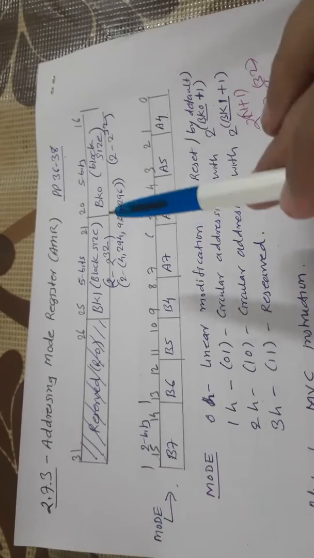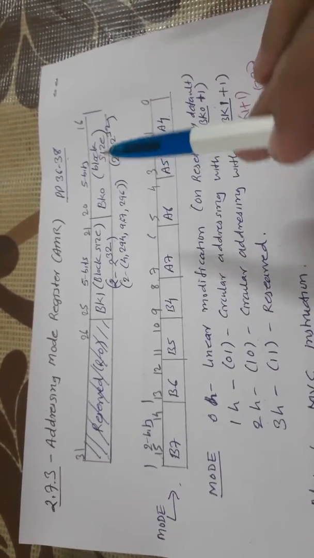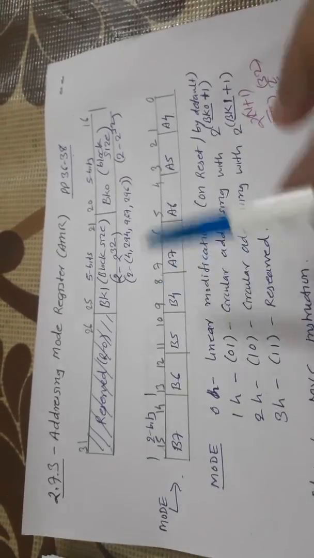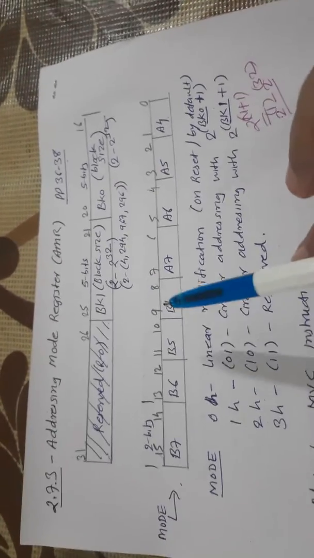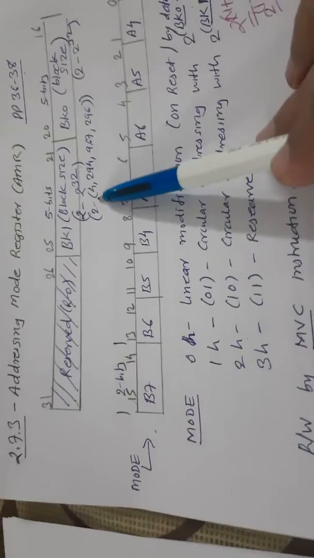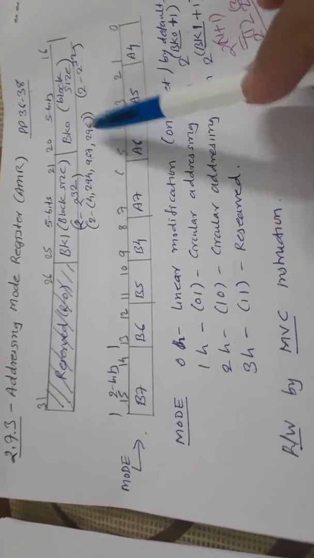So 16 bit is called half word, and 8 bit is called byte. Okay, so this is the way we refer to various data lengths, but when we refer to the blocks, it is always in terms of bytes.